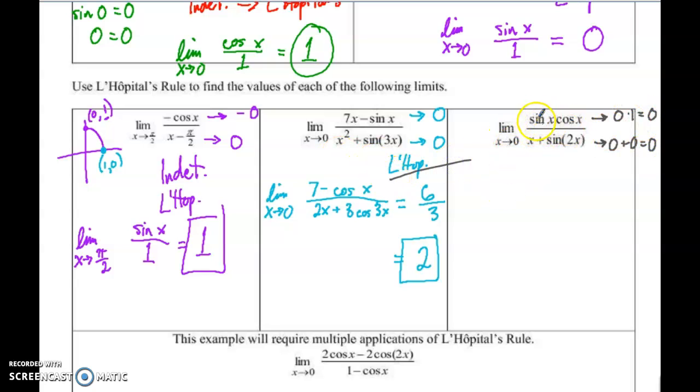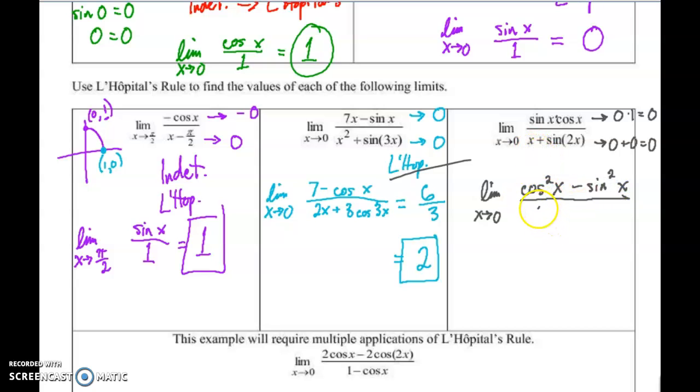Let's keep going. Now in the top, that's what I'm talking about, we have the product rule when we're doing the derivative of the top. The derivative of sine is cosine. You leave cosine alone, so it becomes cosine squared. Now I would put plus, except you leave sine alone, and the derivative of cosine is negative sine. So that's where that's coming from.